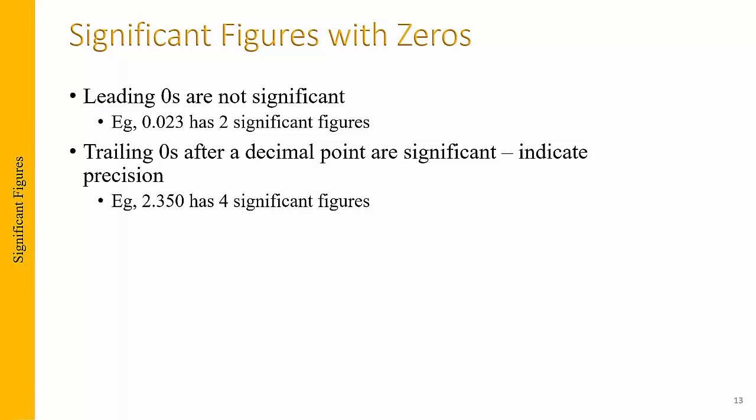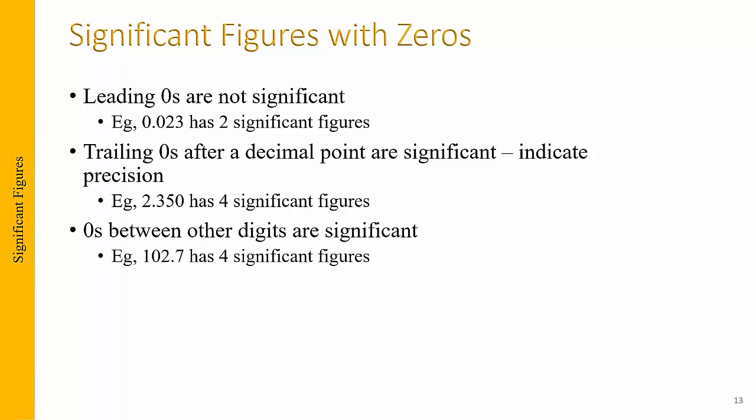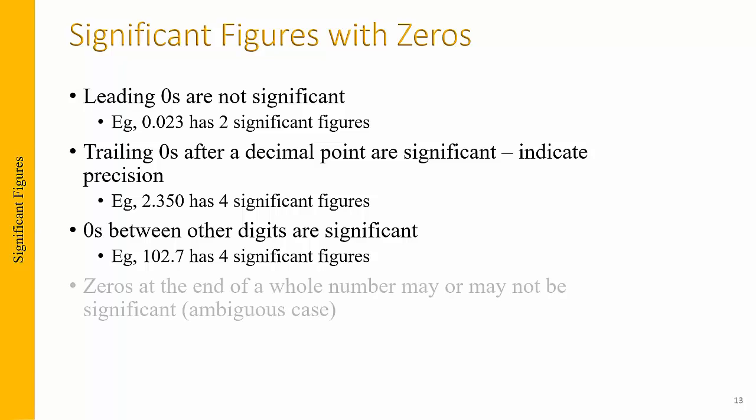Trailing zeros after a decimal point are significant. Again, if this is a measure of a line in meters, the zero at the end tells us that we've measured the line to the nearest millimeter. Zeros in between other digits are significant, so that number has four significant figures.